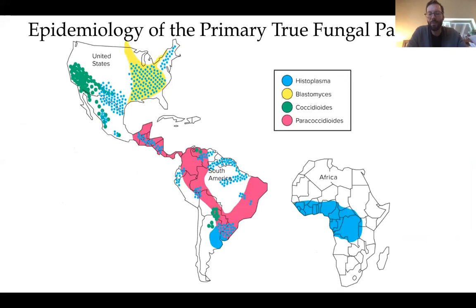There are 4 different categories, because remember, scientists like to put things into little categorical boxes, right? And so 4 major types: the histoplasma, the blastomyces, the coccidioides, and the paracoccidioides. And this is looking at their distribution. And as you see, it's primarily in the Americas and in Africa.